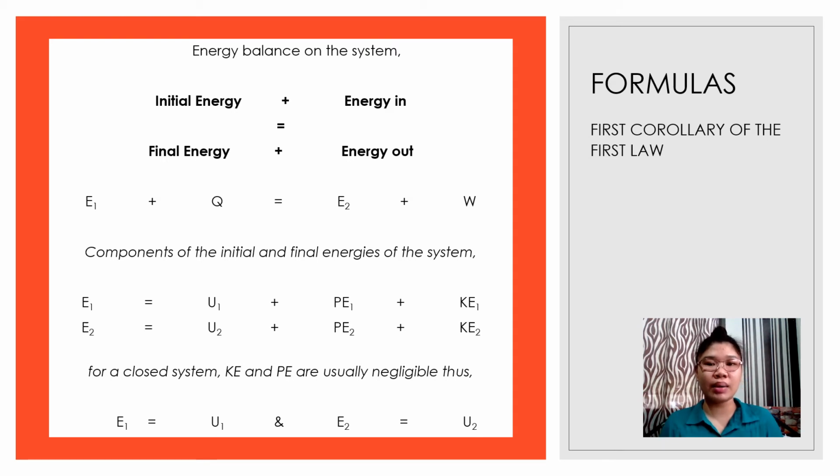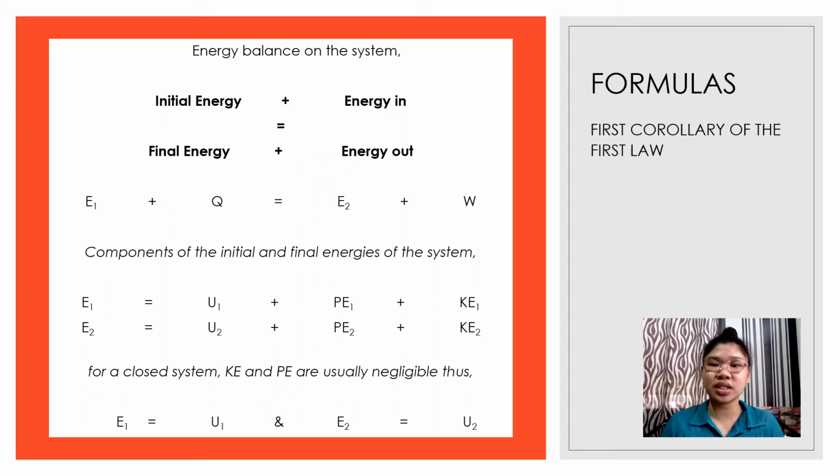The formula flashed here now is the application of the conservation of energy, which, as I mentioned earlier, is related to the first law of thermodynamics, to a closed system.